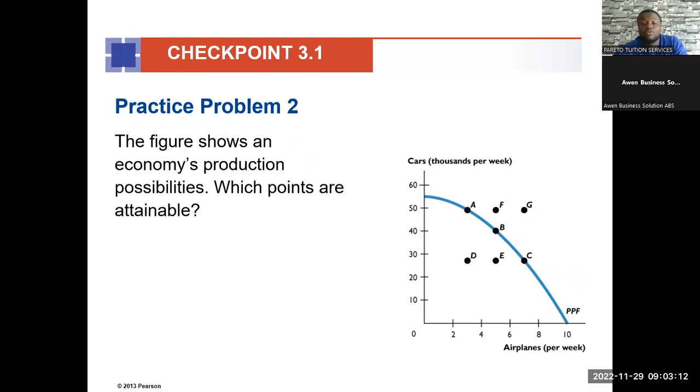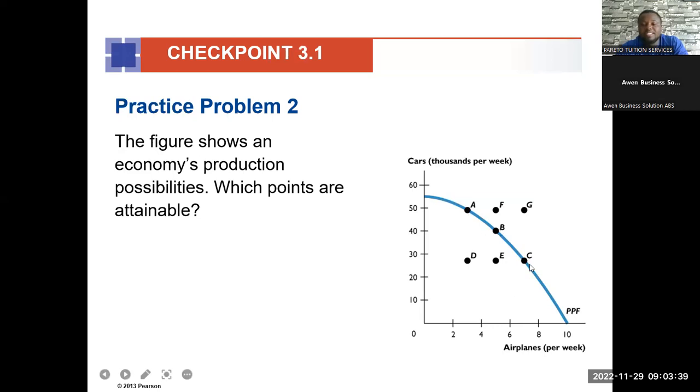Okay. So for this particular one, looking at the points, which points do you think are attainable? Attainable at every point except F and G. Except what? F and G. Very good. So the attainable combinations or possibilities are the possibilities within the PPF or on the PPF.